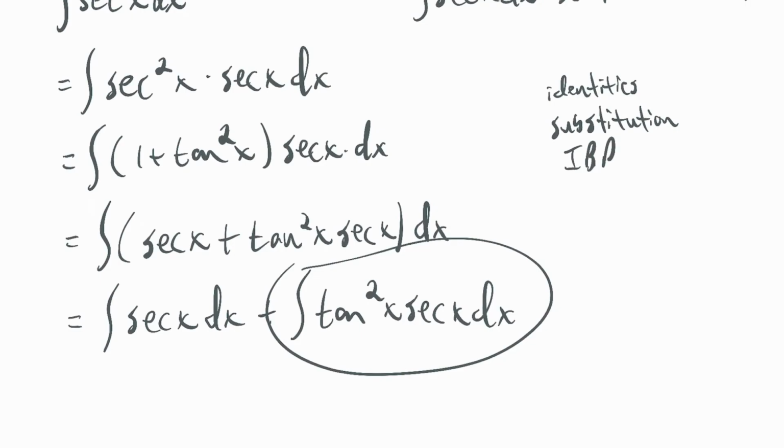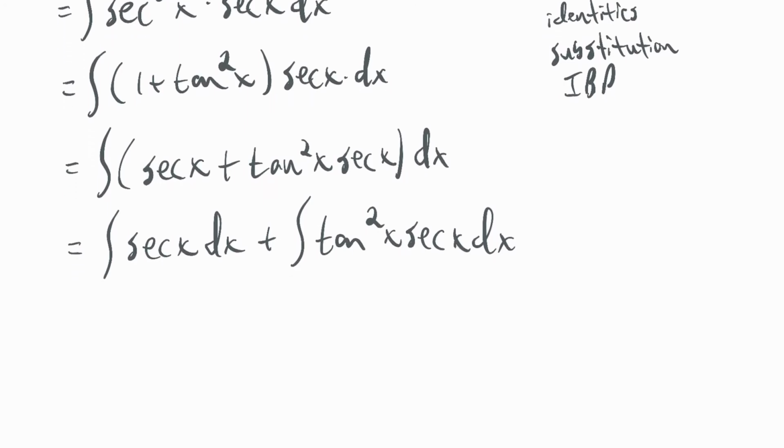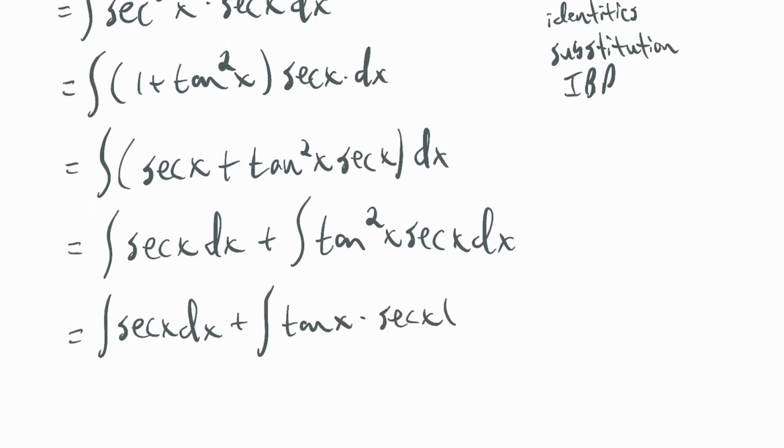There may be more than one workable way to do this. I'm going to choose to do it in the following way. Let's save room and do the first integral at the end, because we are going to be strapped for horizontal room. So we're going to say that this is the integral of tangent x times secant x tangent x dx.